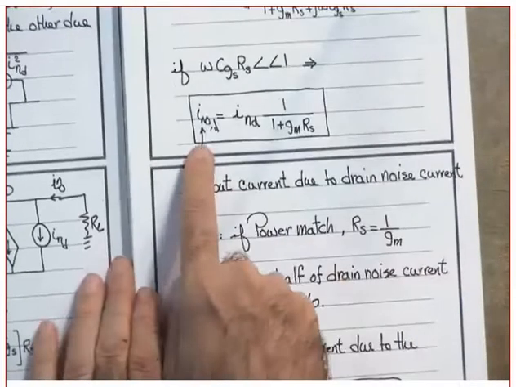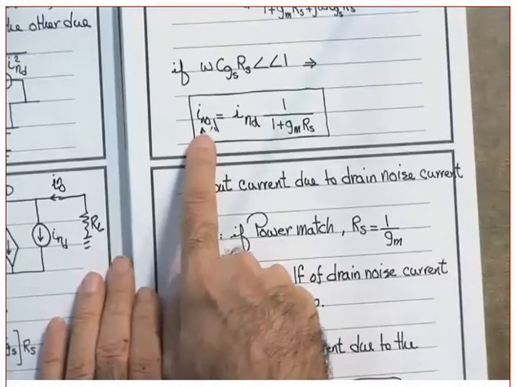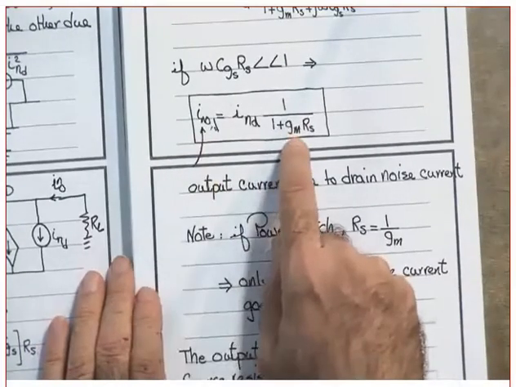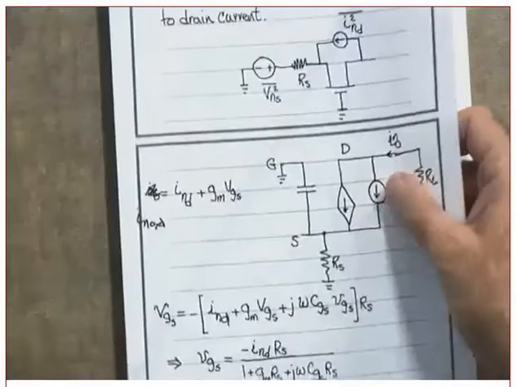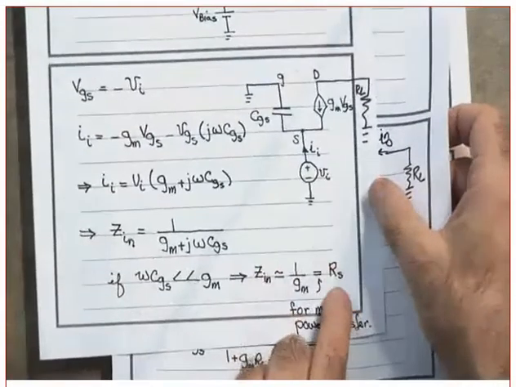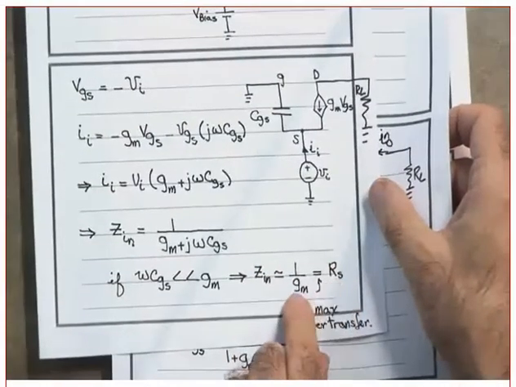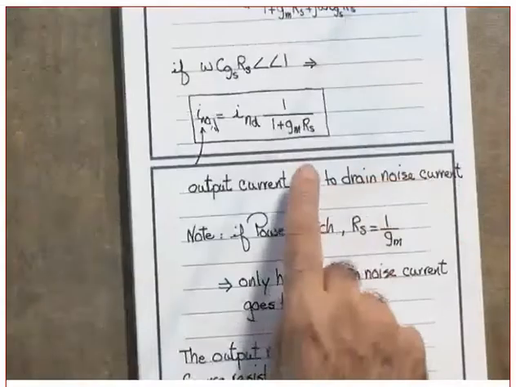Now, first of all, let me make a word on this. To provide for power match, what did we find? We found that RS has to be equal to 1 over gm. Agree? Which means what?